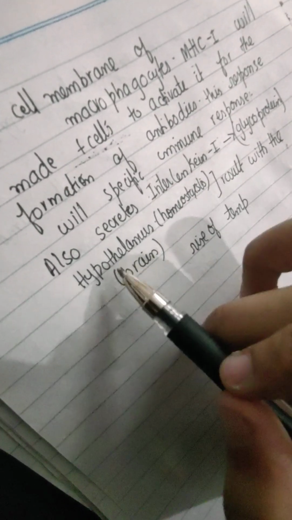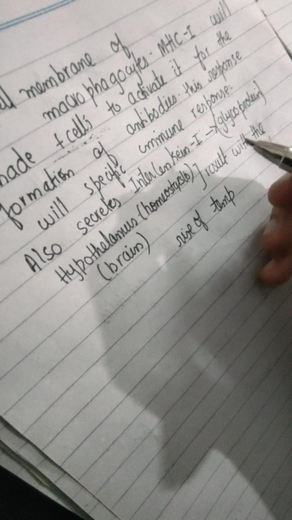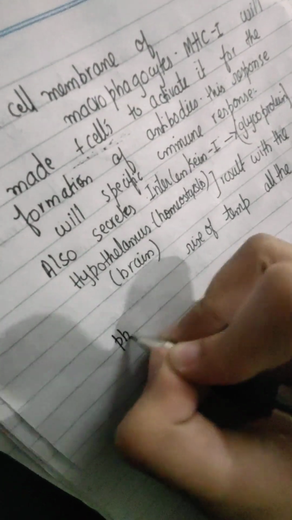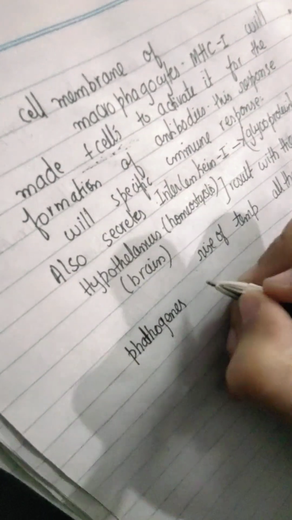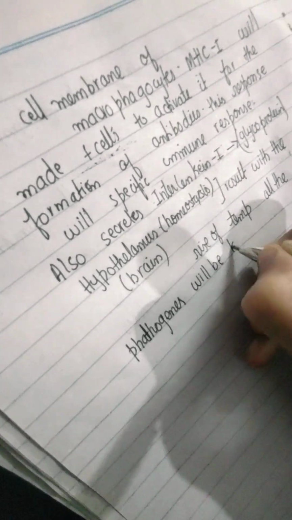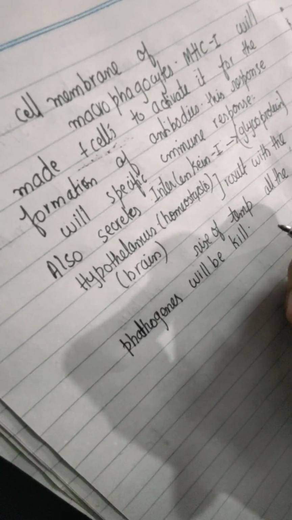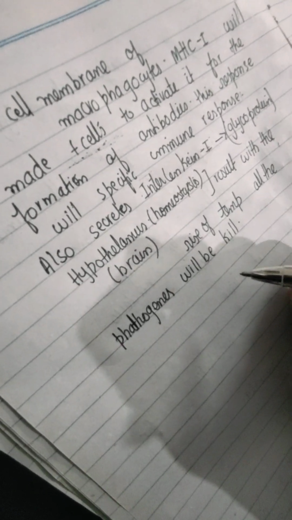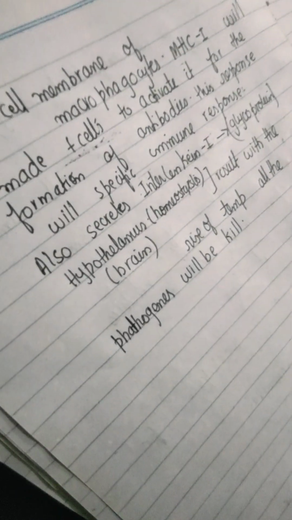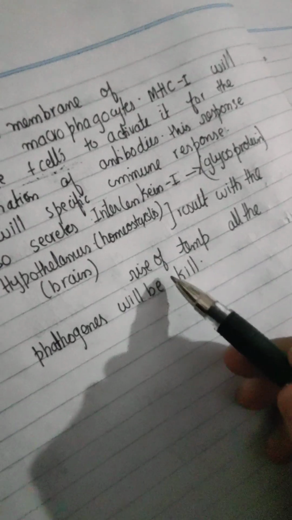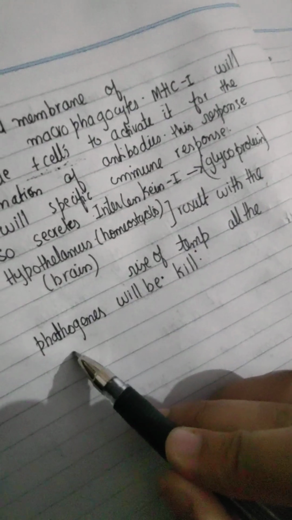So the hypothalamus results in a rise of temperature, and when the temperature rises, all pathogens will be killed. Why will they be killed? Because we know that enzymes will be denatured.